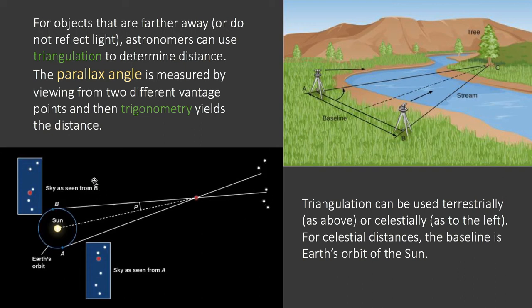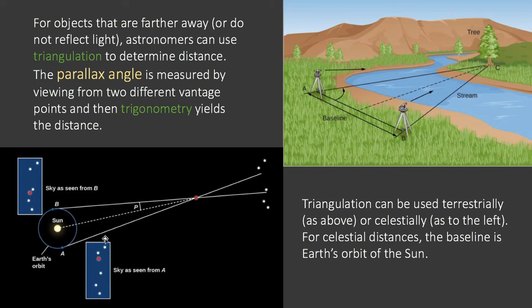As seen from point B, this red star, project the line back into space, is just to the right of this star, or I guess just below this star. But from point A, if you project the line of sight out, its position has changed. It's not over here anymore, it's up here. And so it will shift back and forth. This is the parallax shift.